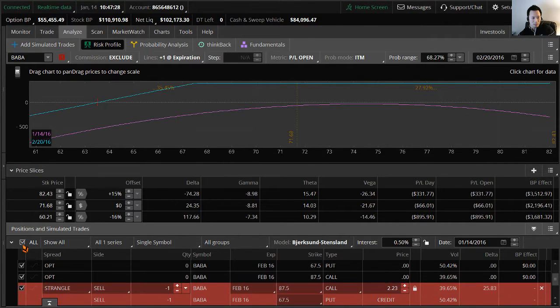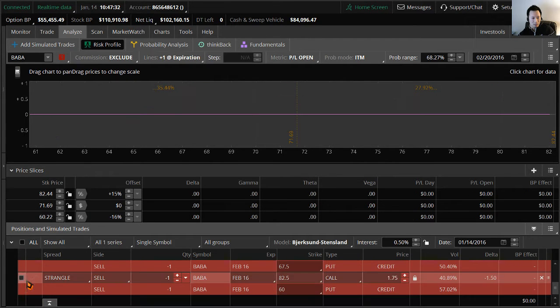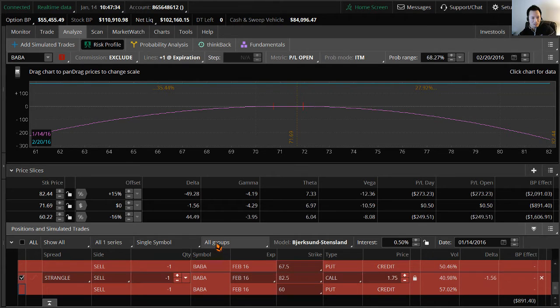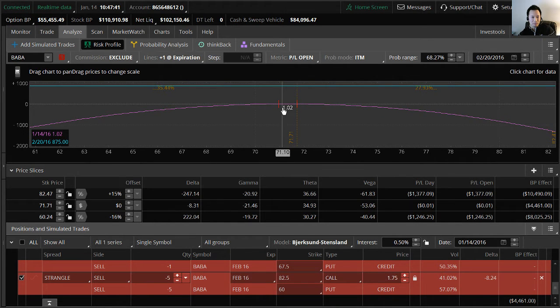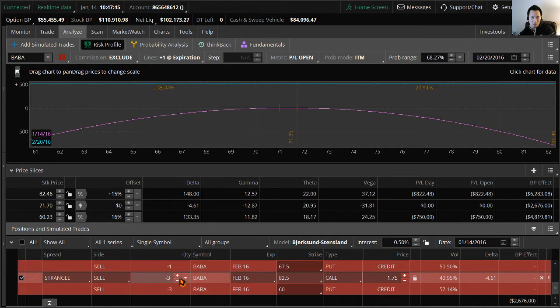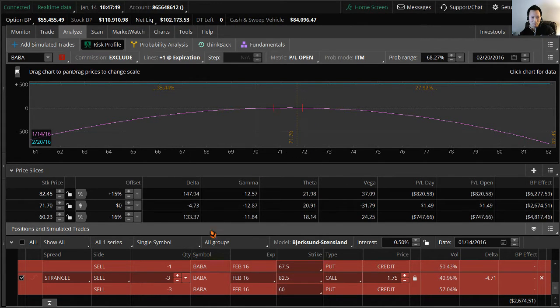So I'm going to go ahead and change this here. This is my risk analysis tool, and if I up this to, let's go to 5, $875. That's pretty good for this margin requirement. This is a good bang for your buck.